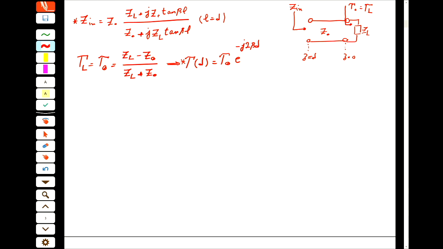And then we had the quarter wavelength transformer.